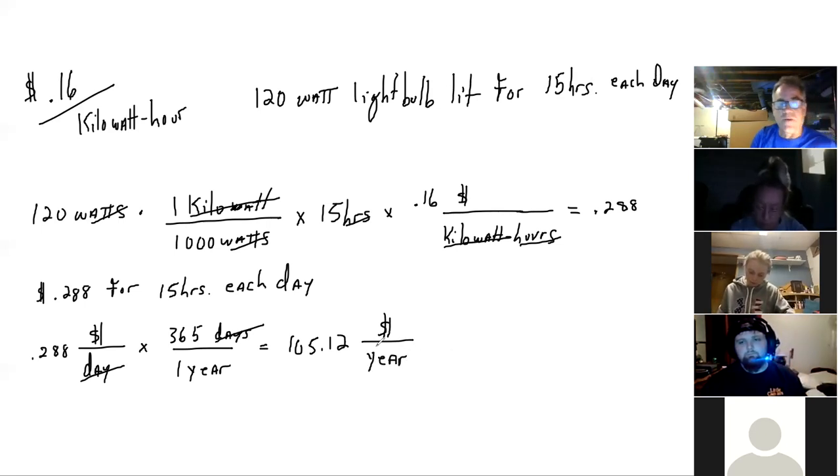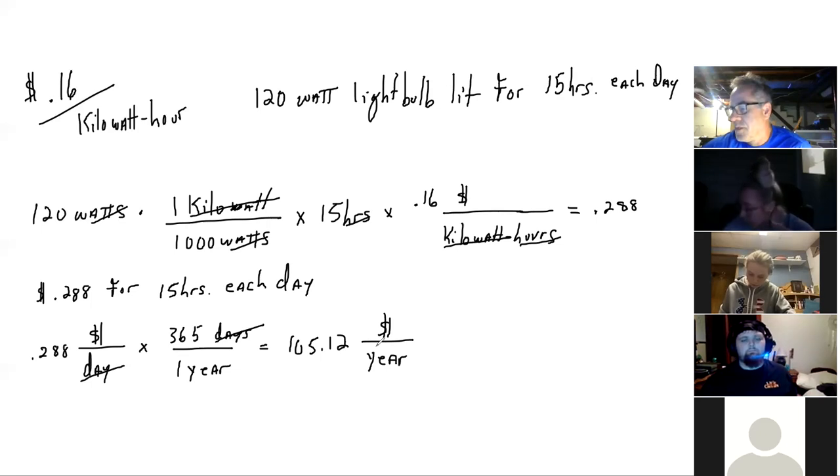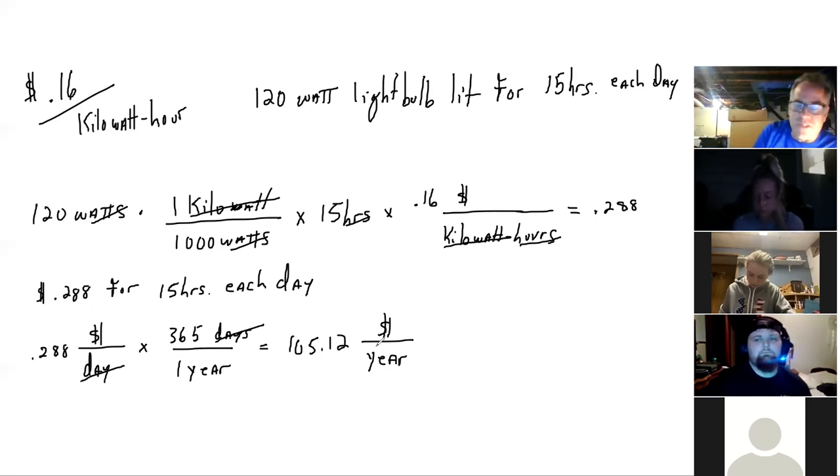So all we need to figure up is how much per year is it going to cost me if I have a 120 watt light bulb. So what I'll do is, like when I said, if you can get the first part, you'll get the second part. Because all I'm going to do is figure this up again, but not for 120 watts, but for 12 watts.